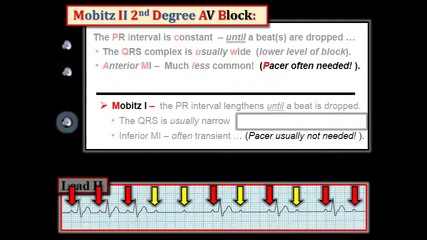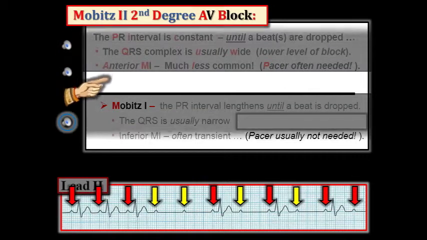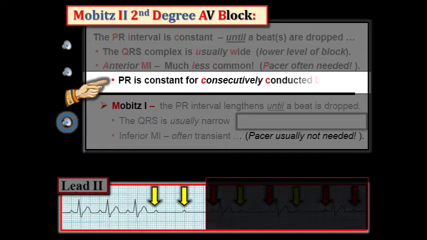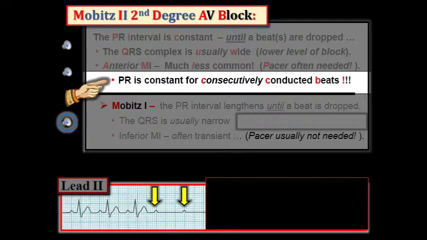The key to diagnosing Mobitz 2, which is often overlooked, is that in order to make this diagnosis, you have to see somewhere on the tracing at least 2 or more consecutively conducted beats before 1 or more beats are dropped. Otherwise, there is no way to know if the PR interval would increase if given a chance to do so.